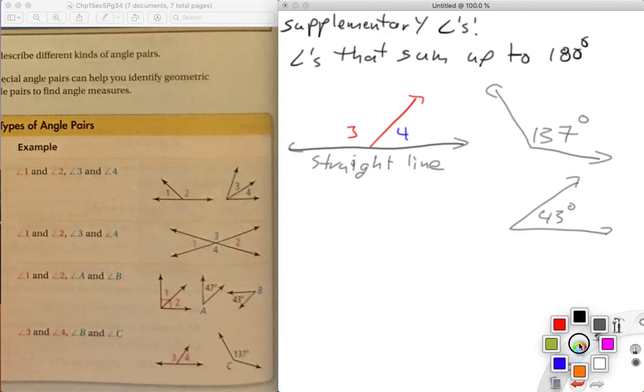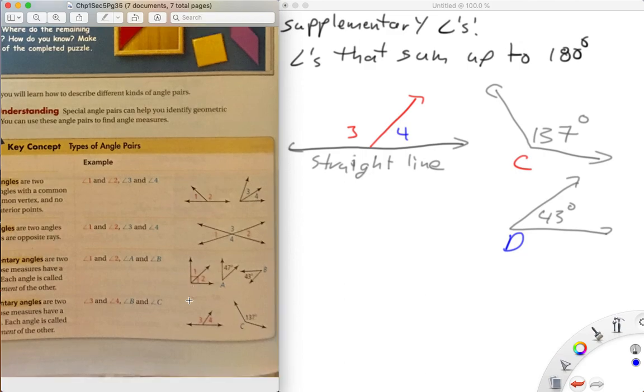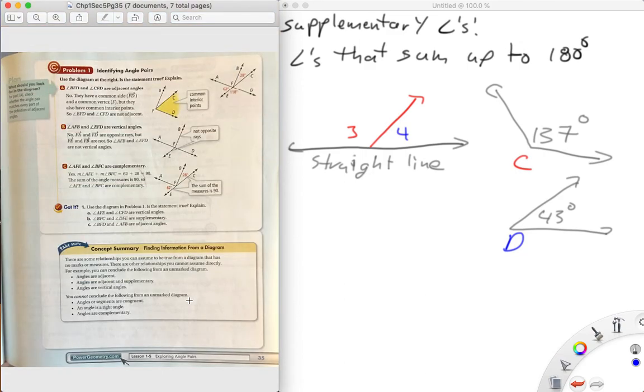Call that angle C and angle D. Now these would be examples of non-adjacent supplementary angles, because when I add them up, they add up to 180 degrees. They're called supplements if they add up to 180, and they're called complements if they add up to 90.